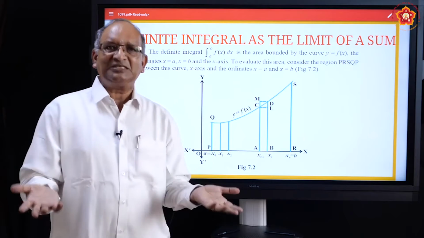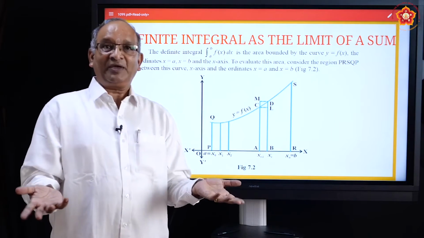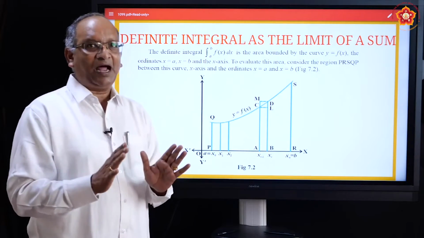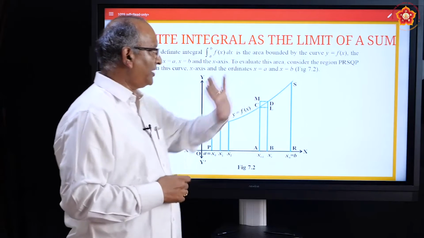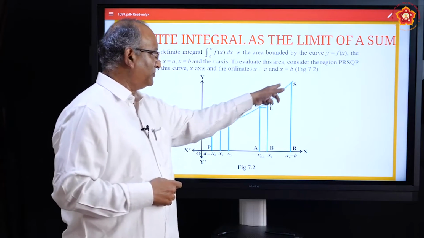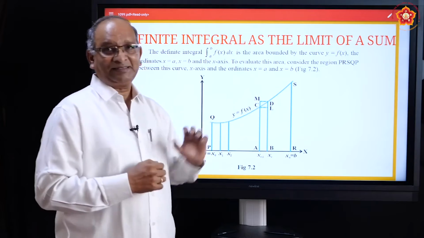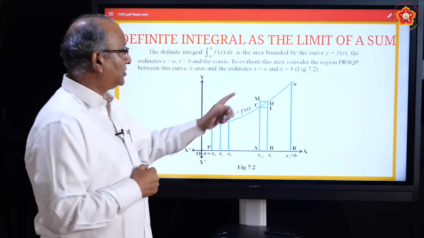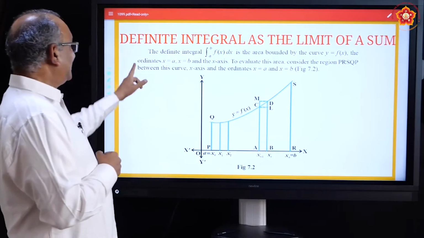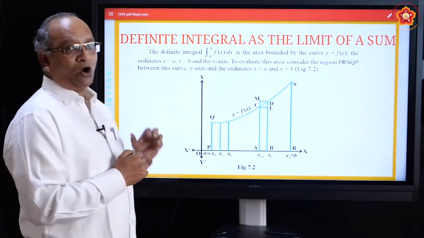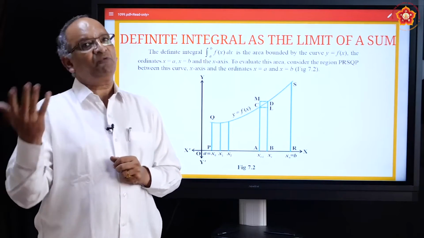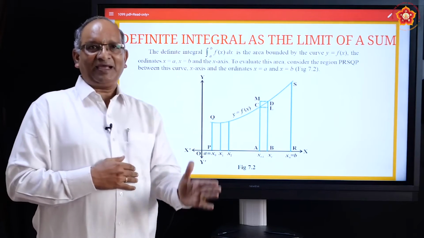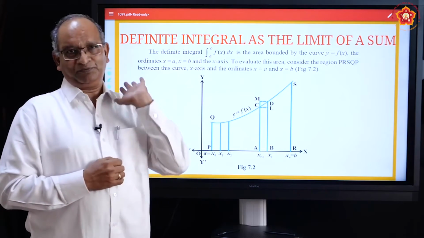And you know, for all such functions, we can draw the graph. So here we have drawn the graph of this particular function y equal to f(x). See, this is the curve. The curve Q to S is the graph of the function f(x). So, the curve y equal to f(x), and the ordinates. What do you mean by ordinate? Ordinate basically means y coordinate. What is the equation of the y axis? The equation of the y axis is x equal to 0.